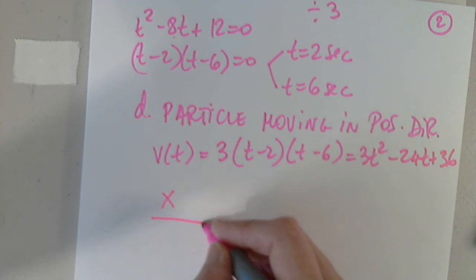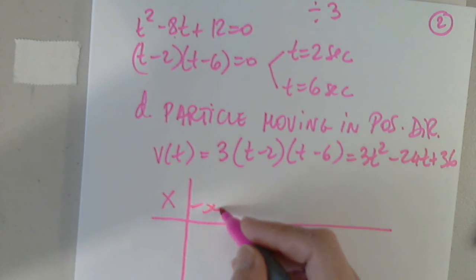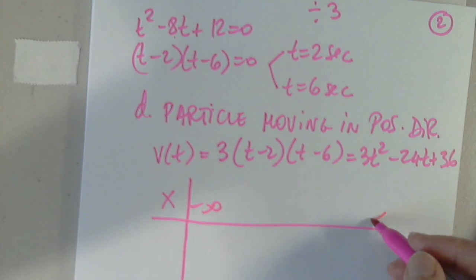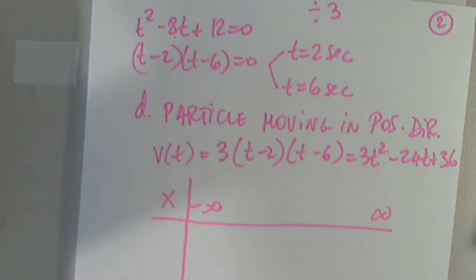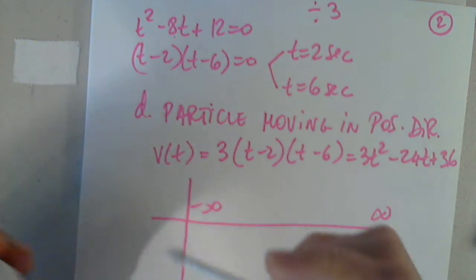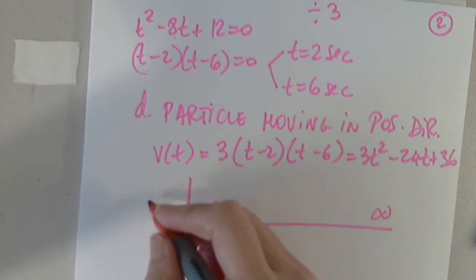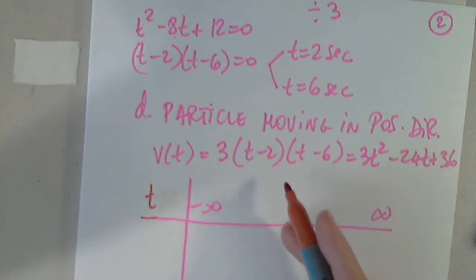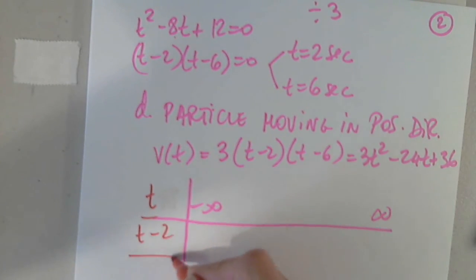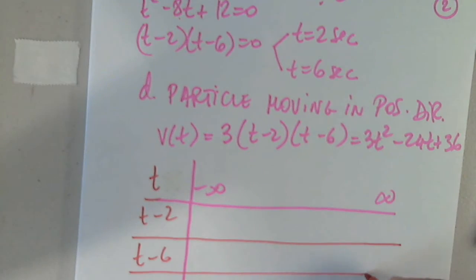And we've done something similar a while back for a square root. X is the, sorry, it's not x, it's t. Not a big deal, but I want to keep the variable that we have in the problem. So this is t. The first factor is t minus 2. The second factor is t minus 6.